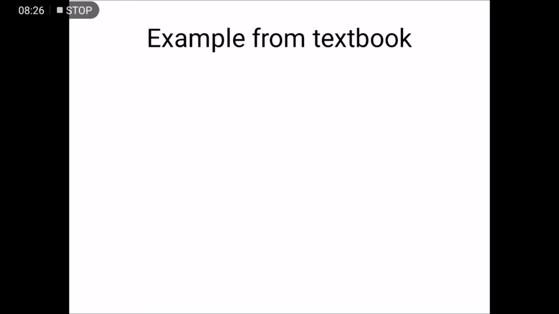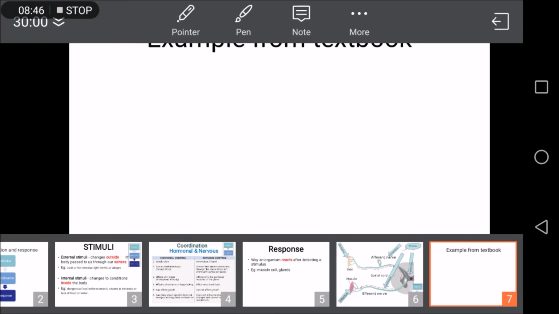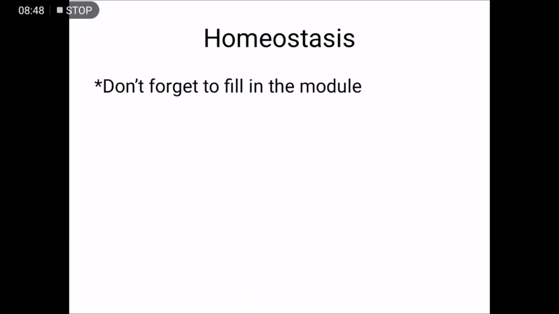For example, external stimulus. In your textbook they use the example of light from the candle. It is sensed by the photoreceptor in the eyes, and then sent through the afferent pathway to the brain, and then the efferent pathway, then to your muscle. Now don't forget also to fill in the response.